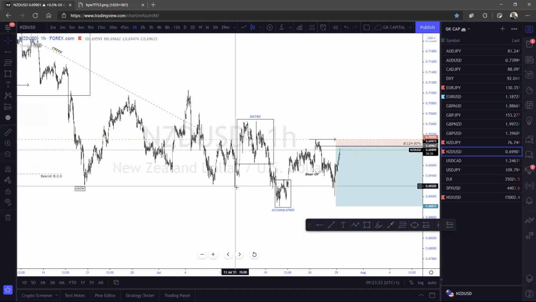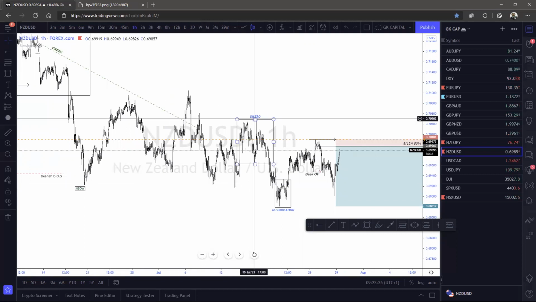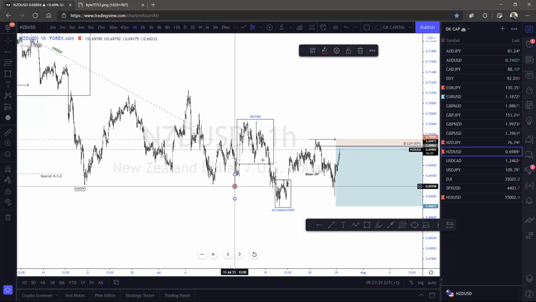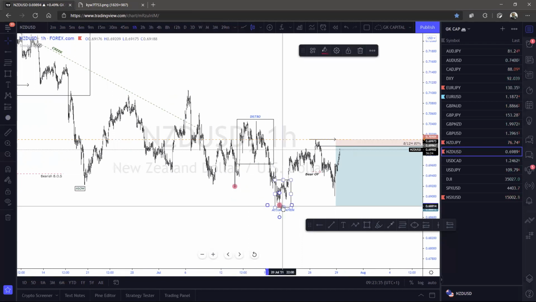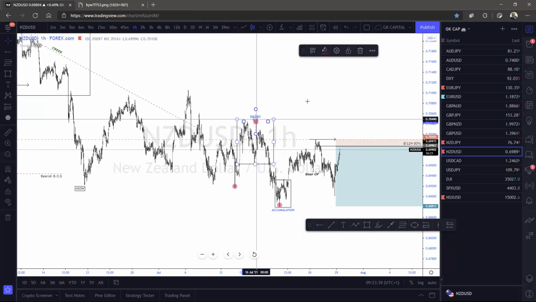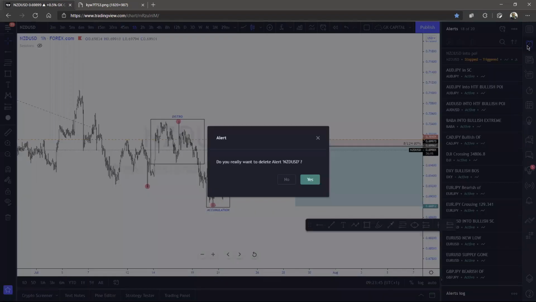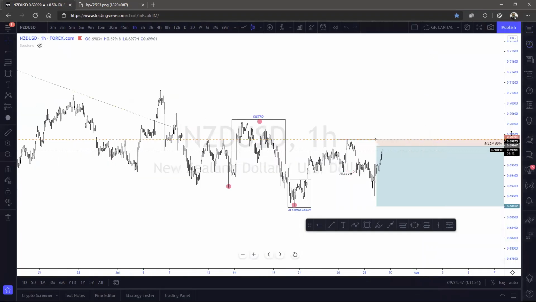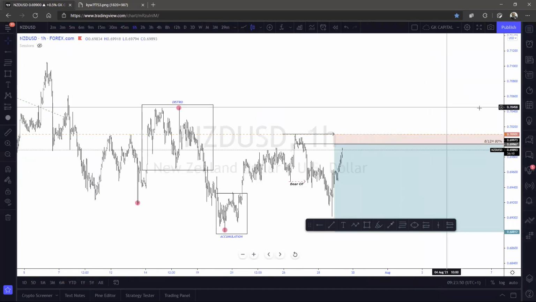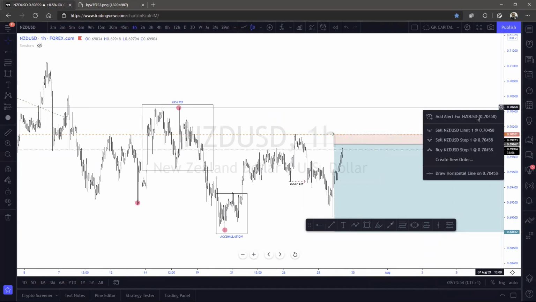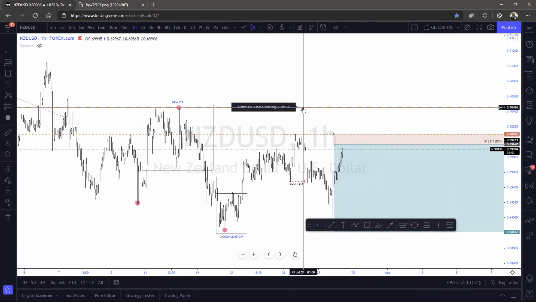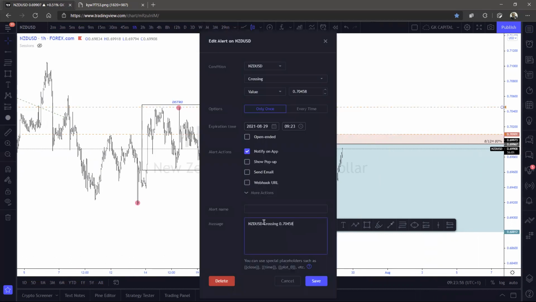So we can see price pushing that new low, and that to that, this is the high. There you go.